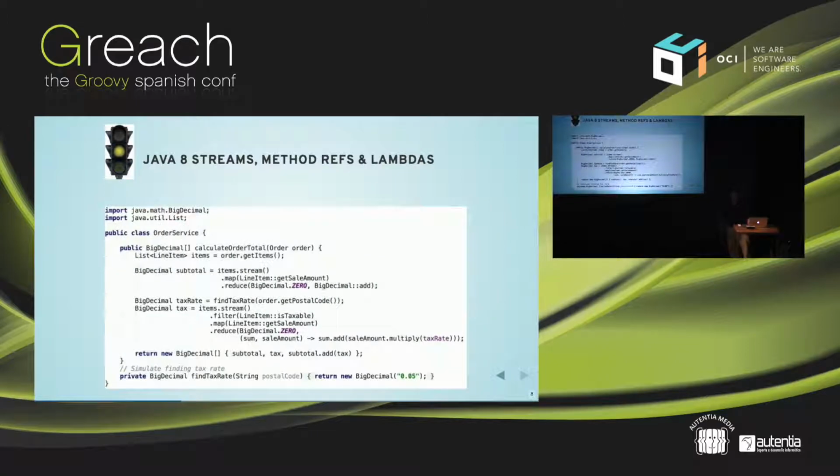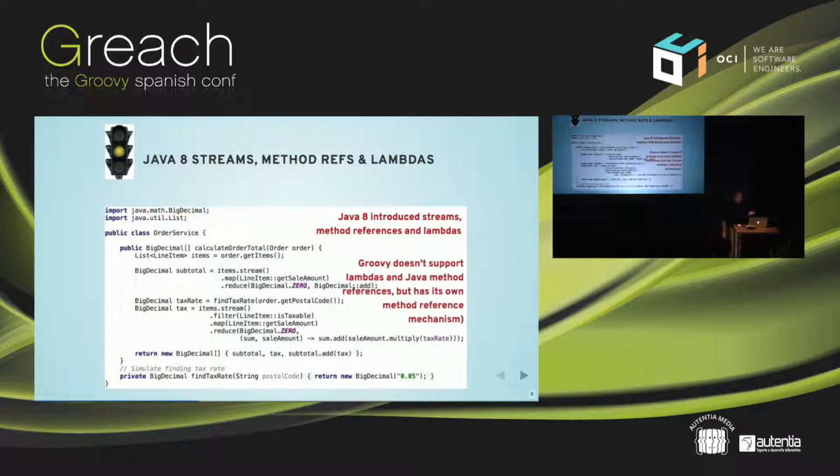Java 8 also introduced streams, method references, and lambdas. We see an example of a method reference here, LineItem::getSaleAmount. That's a Java method reference. And then we see here this sum of sale amount with the arrow. That is a lambda expression.